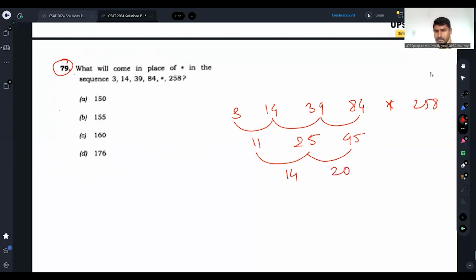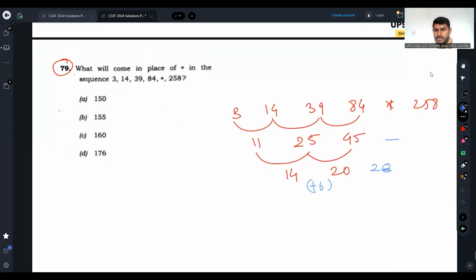So if you see here, it should be plus 6 addition. So if you go by this logic, what should be the next after 45 plus 20? The number here should be 45 plus 26, right? Because here the difference should be 26.